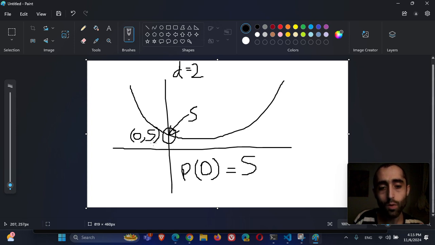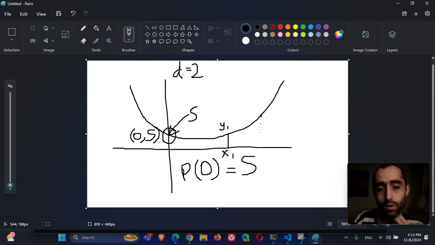So how will we reconstruct the polynomial? How will we know which polynomial to use? This one, or maybe this one, or maybe this one. The idea is that the shares will tell me how to reconstruct this polynomial. For this polynomial, I will need 3 points. For example, here is a point, let's call it x1, and its value will be y1.